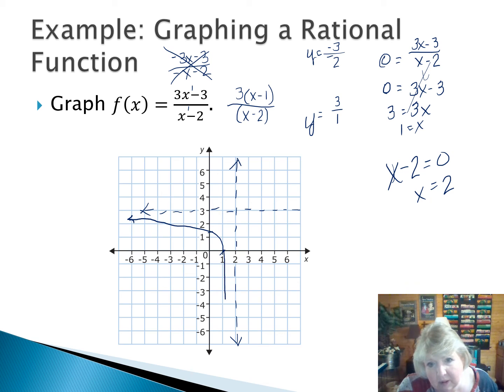And this one's going to come down approaching this side without bound. But I have nothing over here. I don't know if it's down here going down or if it's up here going up. I know nothing yet. So how do I figure it out?